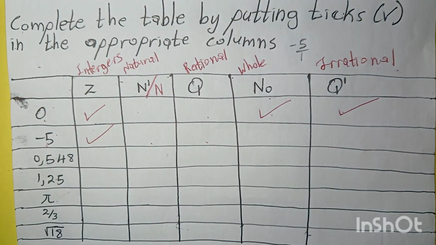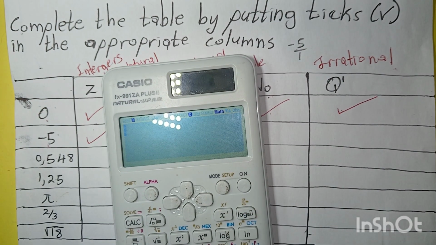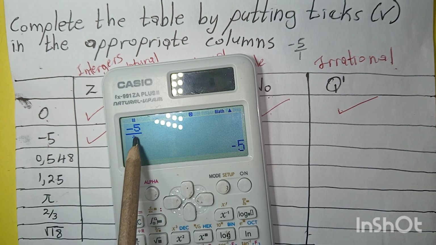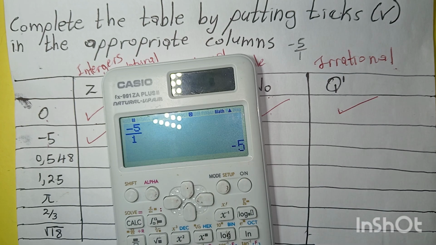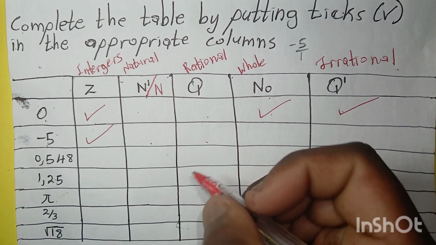But the calculator cannot show you that invisible 1. Check: I will put -5 and 1, and my answer will be just -5. The calculator doesn't show that invisible 1, but you should know you can write it like that. So its symbol says that it is rational.